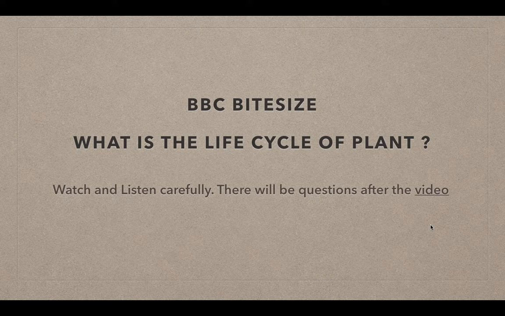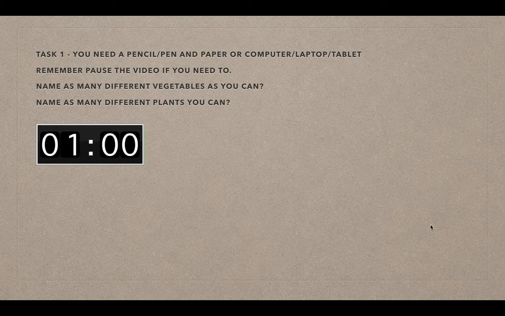We will now look at the first task. Things to remember: you need a pencil, pen, and paper, or your computer, laptop, or tablet. Also remember, you can pause the video if you need to. So pause it, do the task, restart the video. Question number 1, name as many different vegetables as you can, and at the same time, name as many different plants as you can. I'm going to start the timer.